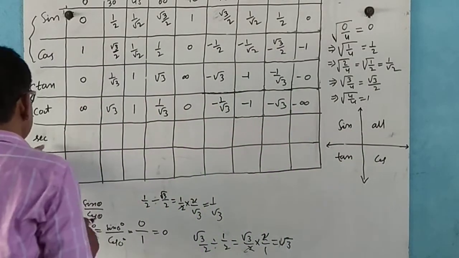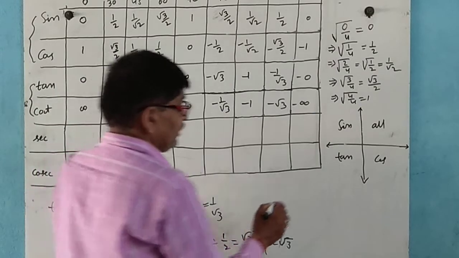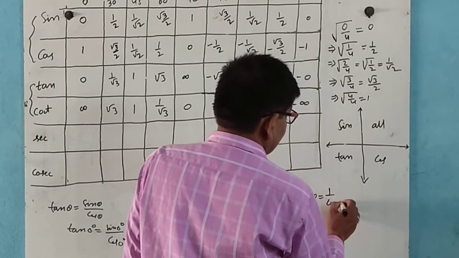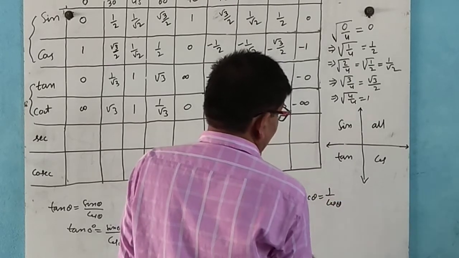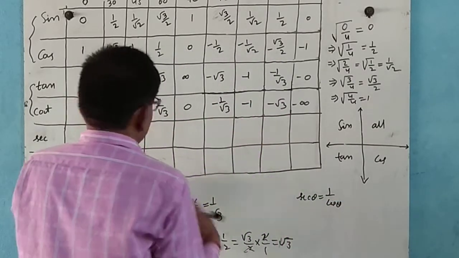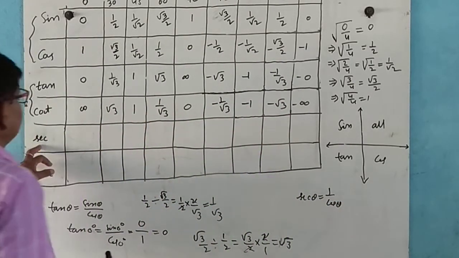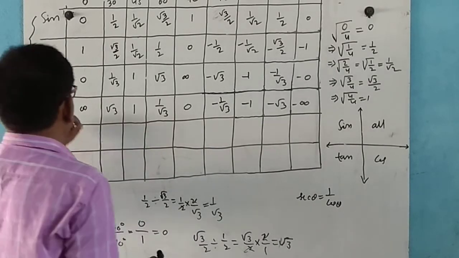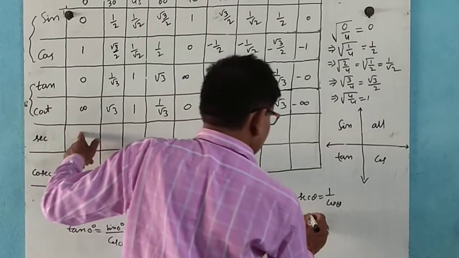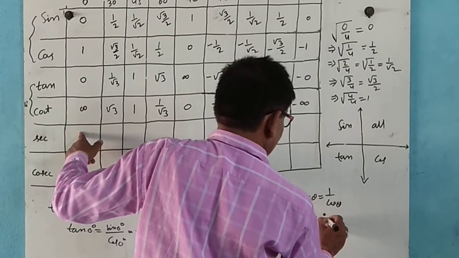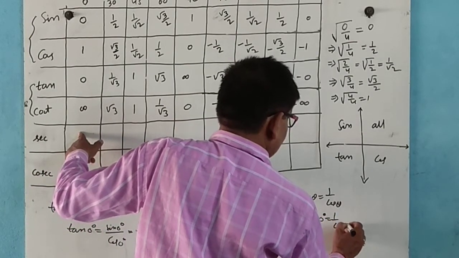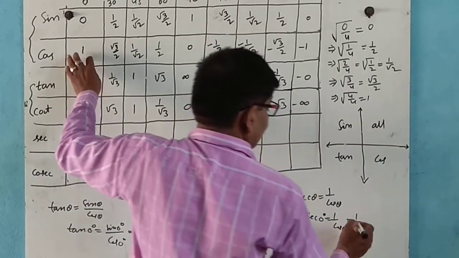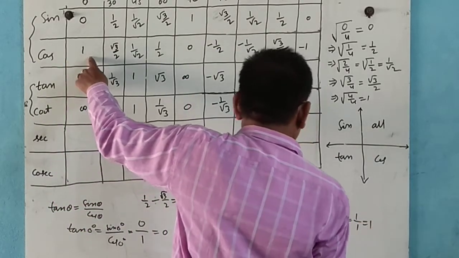Now sec theta equal to what? Sec theta is equal to 1 by cos theta. If the value of cos changes, sec theta equals 1 by cos theta. Sec 0 degree is 1 by cos 0 degree, 1 by 1 is equal to 1.